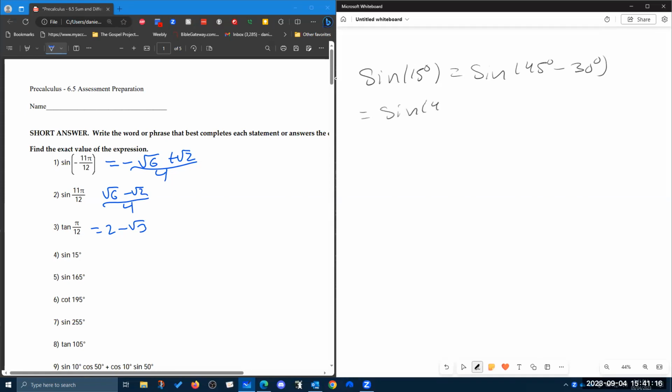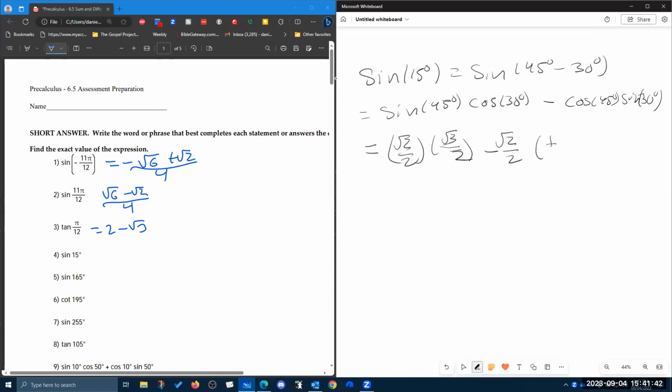Sine 45 cosine 30 minus cosine 45 sine 30 is going to be root 2 over 2 times root 3 over 2, minus root 2 over 2 times 1/2. It's going to be root 6 minus root 2 over 4.